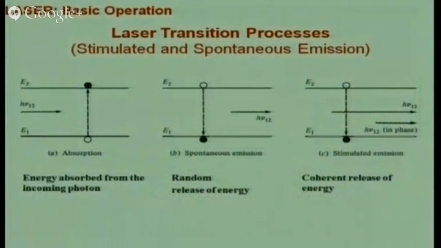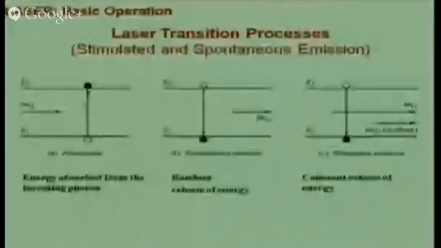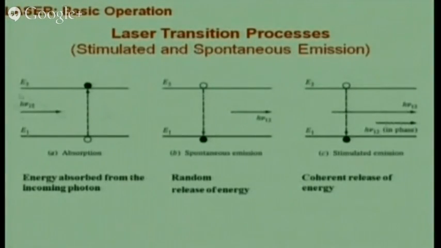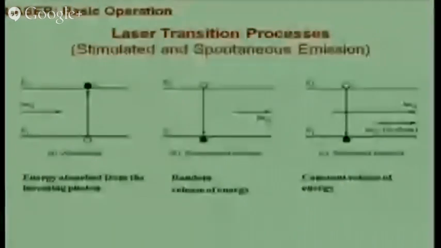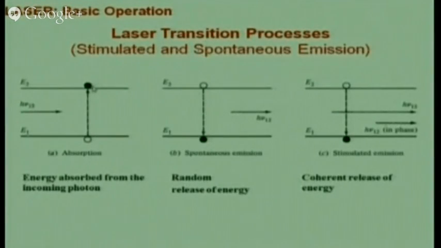So there are three basic phenomena which take place within the semiconductor when you take PN junctions. One is absorption, where you have light of a particular energy, h nu. Now this energy is equal to the energy gap between the E1 and E2 bands, right? So the electron lying here absorbs this energy and rises to a higher energy state, right?